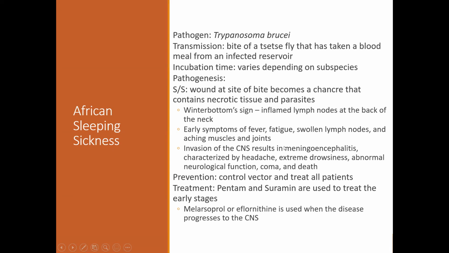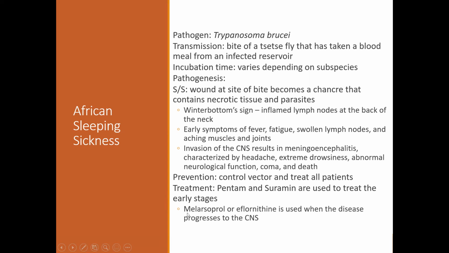And then early symptoms that are kind of flu-like. And then once the central nervous system has been invaded, it results in a meningoencephalitis, and it causes extreme drowsiness, and that's where it takes its name, African sleeping sickness.